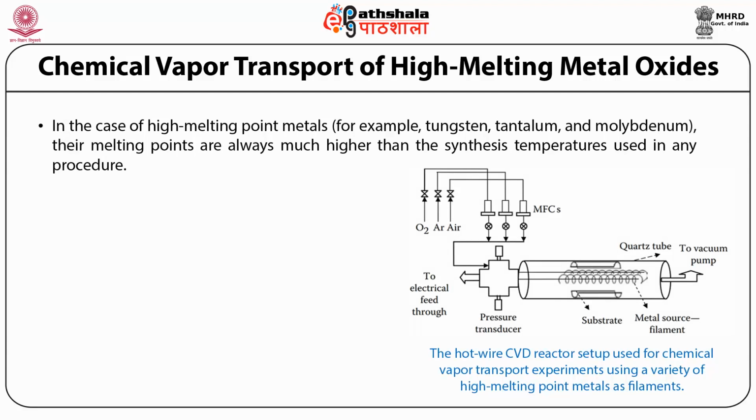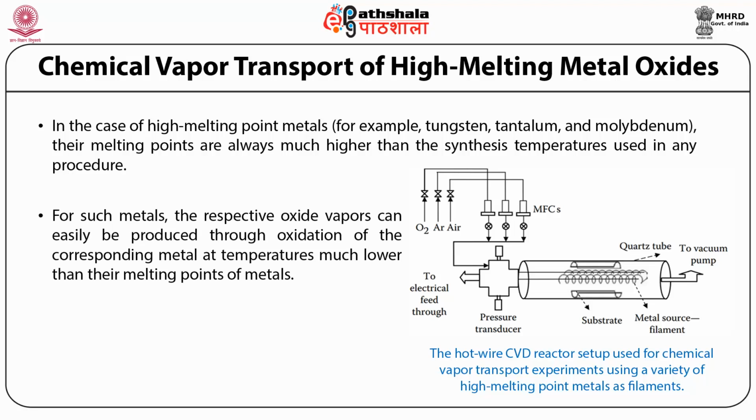In the case of high melting point metals, for example tungsten, tantalum, and molybdenum, their melting points are always much higher than the synthesis temperatures in most of the procedures. For such metals, the respective oxide vapors can easily be produced through oxidation of the corresponding metal at temperatures much lower than the melting point of the metals.